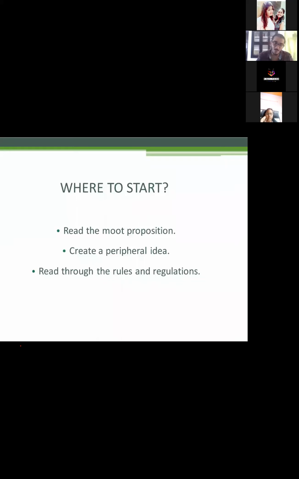And once you're done with that, you have to go back to the rules and regulations that the moot proposition has put forward. So the host, the party conducting the moot court, will already have sent you the link to the rules and regulations, and you need to read through it, because you have to plan well on how you're going to work on this moot. You need to have an idea on how big the memorial should be, meaning how many pages it should be.